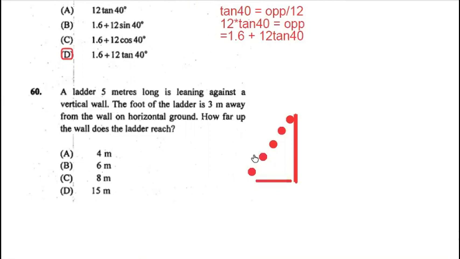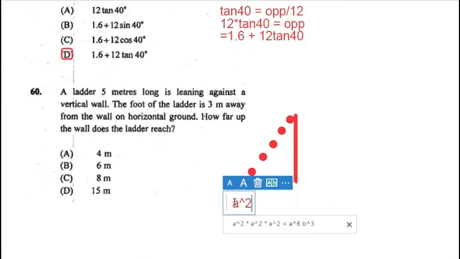So we have the hypotenuse, which is 5 meters, the length of the ladder, and we have how far the ladder is from the wall. So it is a square plus b square is equal to c square.